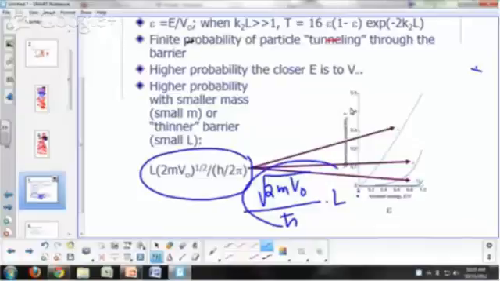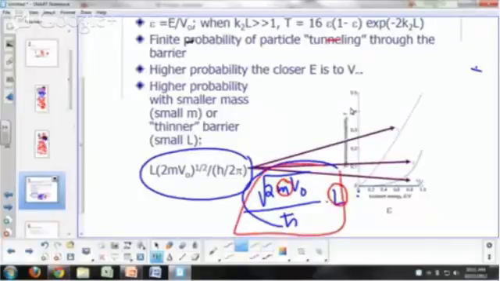This tells us how the transmission probability depends on the mass m and on L. A larger value, for example 10, is this curve, this is for 4, and that's for 2. The expression is larger for the curve down here, which I'll label with a 10.